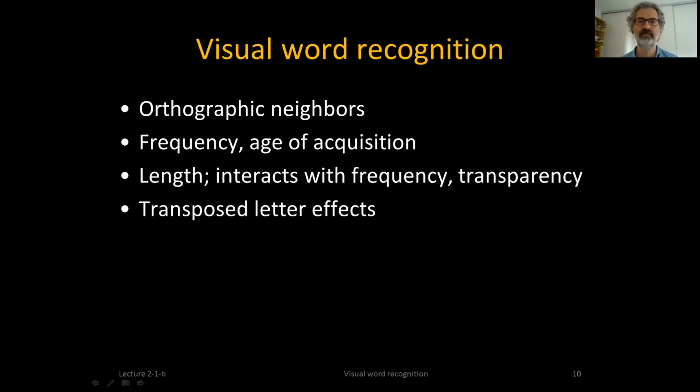A side effect of this kind of research has led to the supposed Cambridge study. You may have seen a message that circulated on the internet a while ago, which claimed that Cambridge researchers found out that it doesn't matter what order you present letters in, as long as you have all of the letters, that your mind resolves it and recognizes the word equally easily, no matter where the letters are.